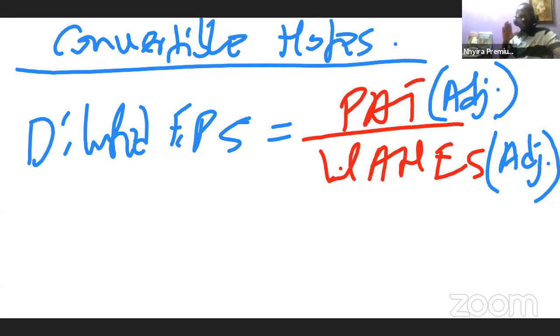You see, with a convertible loan note, we pay interest on it, and interest is tax deductible. So if we are pretending that the loan notes are converted right now, that means, number one, we won't pay the interest again. Since we won't pay the interest again, the interest will be added back to the profit.